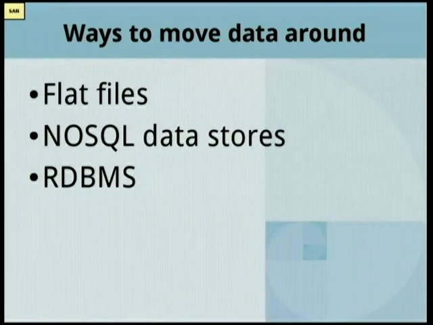I'm going to talk quickly about ways to move data around. Often the source data you have no choice about, but once you have your data, you could be looking at things like flat files, be it CSV, XML, or what have you. There's a whole lot of NoSQL data stores around, and depending on your data, they could be quite useful. And of course, you've got your good old relational database systems.